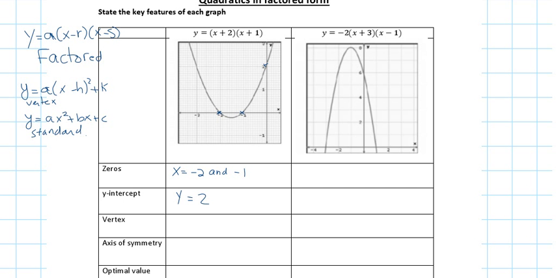Where would your axis of symmetry be? And then your optimal value? Negative, and it's a min or max? It's a min.